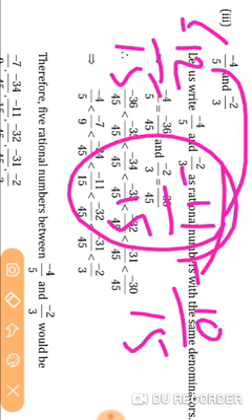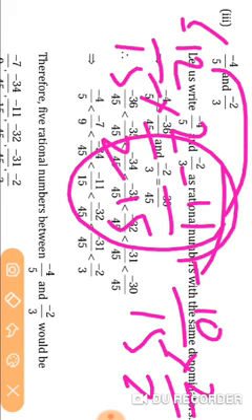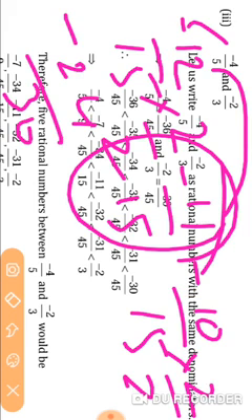So this is not the case, we cannot take this. So what I'll do, if you multiply both by 2, what happens, see, minus 24 by 30 and minus 20 by 30.